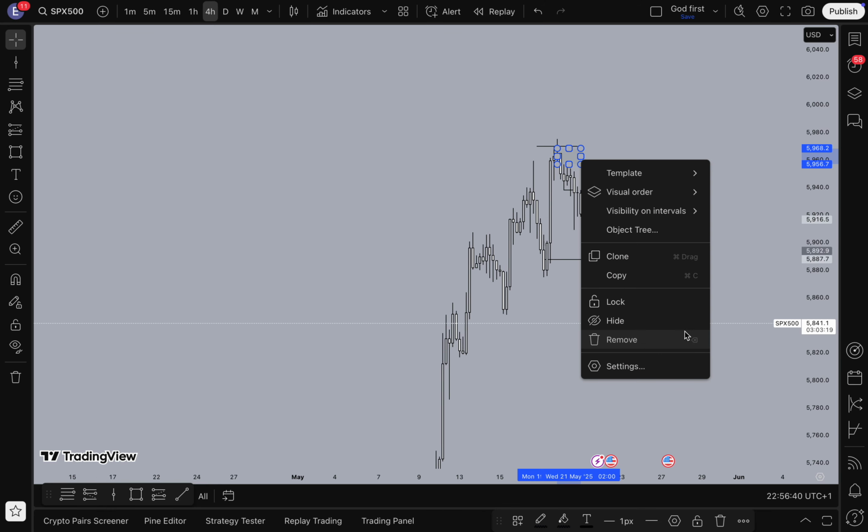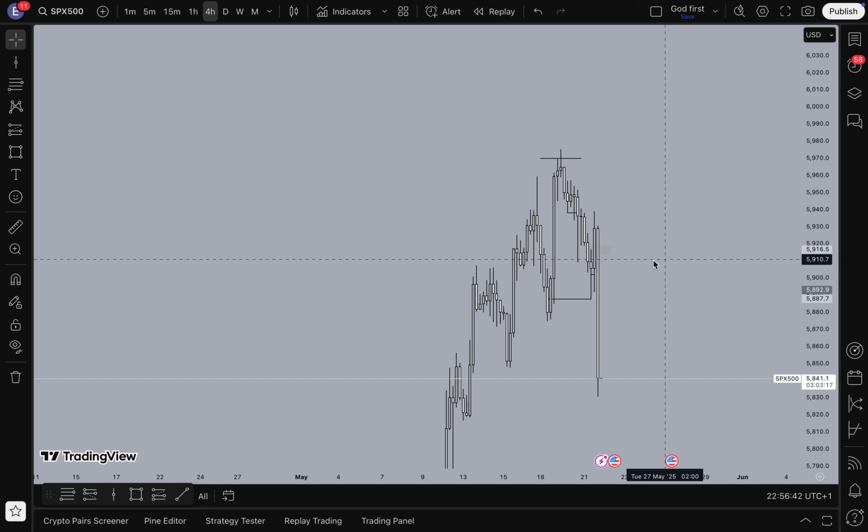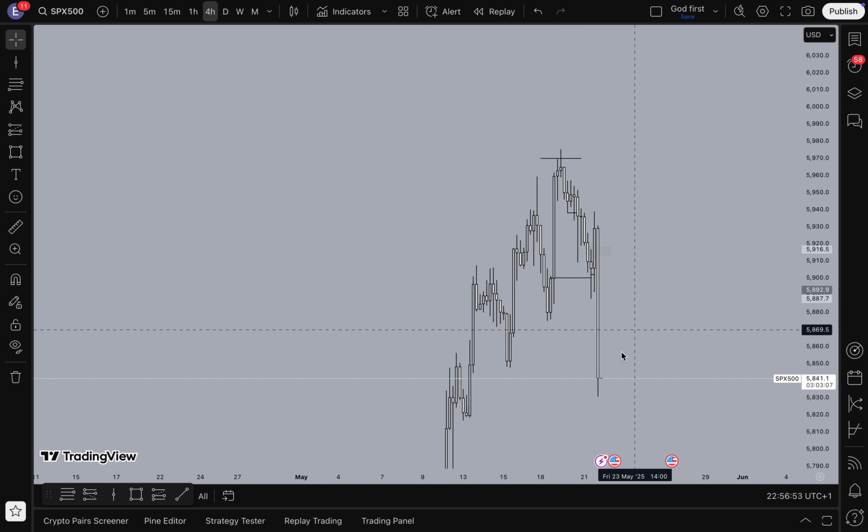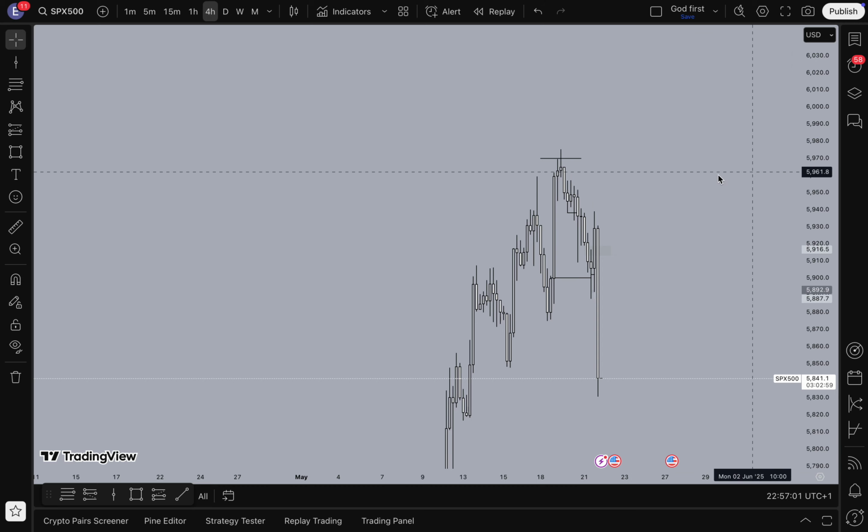Then I identified that there is an order block right there. The order block hits the alpha order block and it starts respecting it, as you can see.